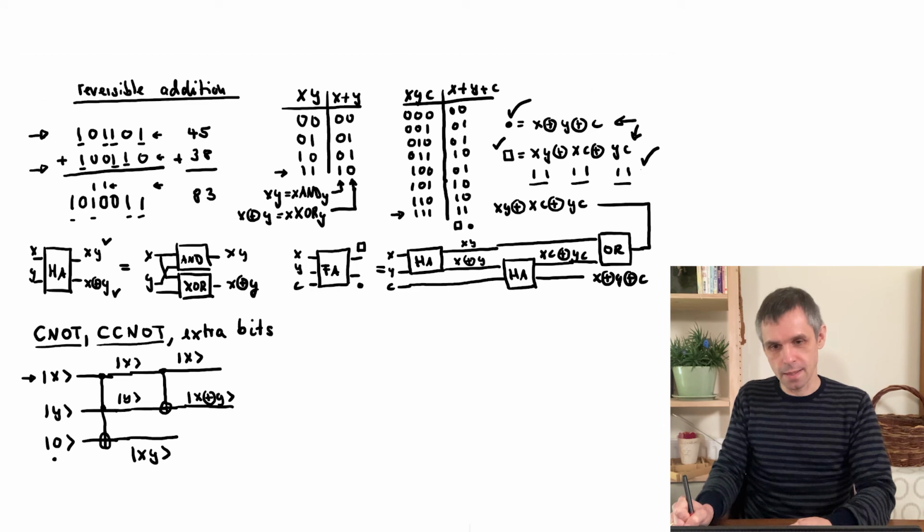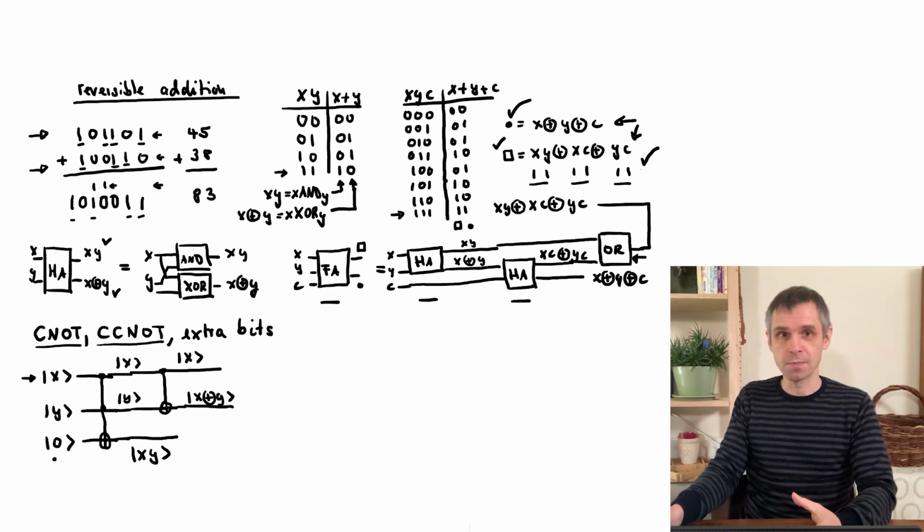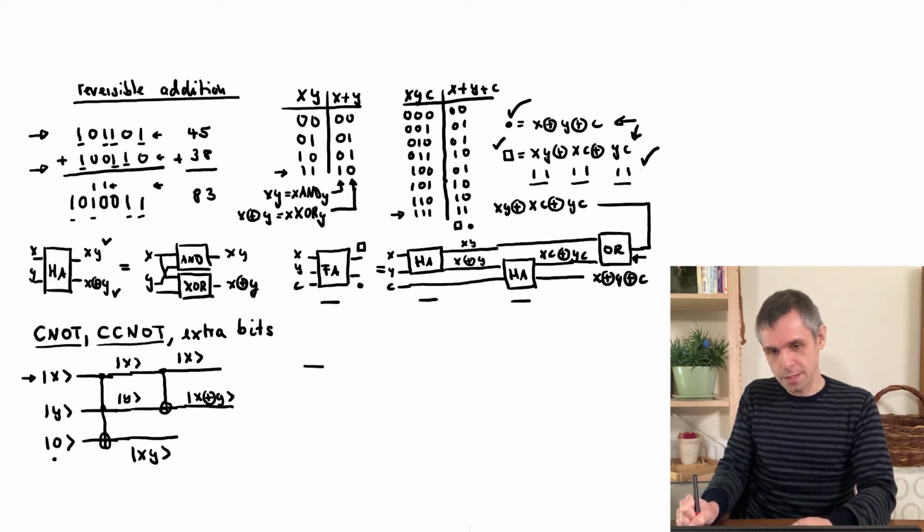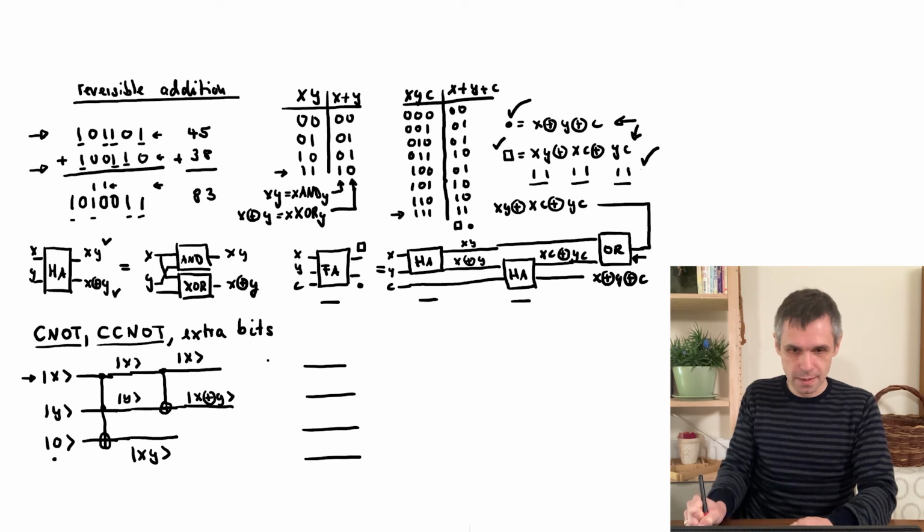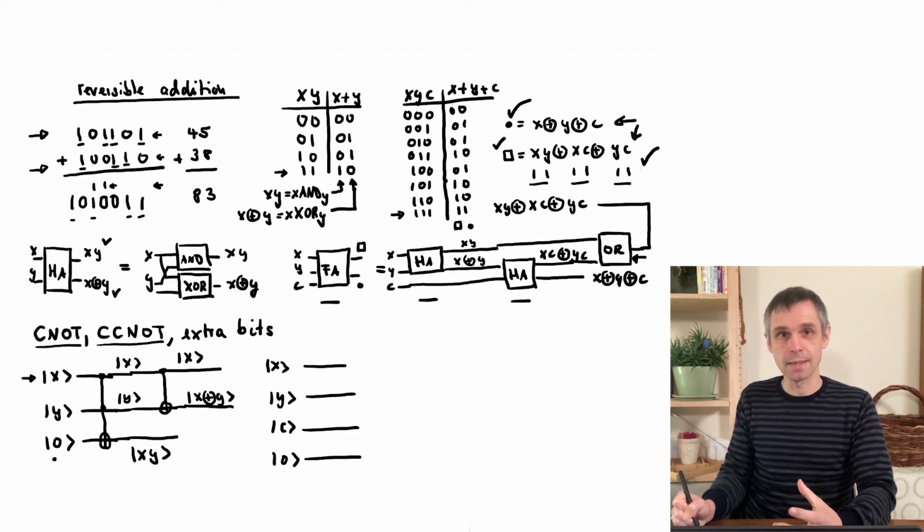In the classical case, the full adder involved the half adder, which we now can implement, as well as the OR gate, which is also irreversible. And now we think that we might need up to 3 additional quantum bits, but again we can achieve this by just one additional quantum bit. So now we have inputs x, y, and c, and one additional quantum bit, which we are again initializing in the state 0.